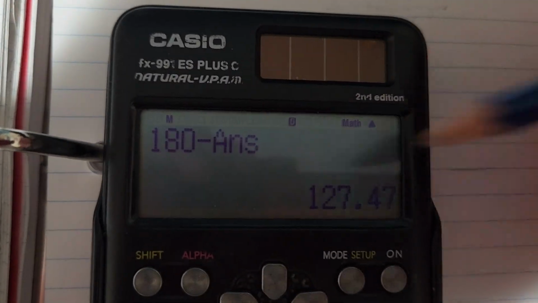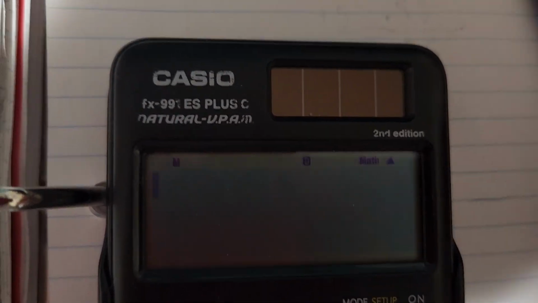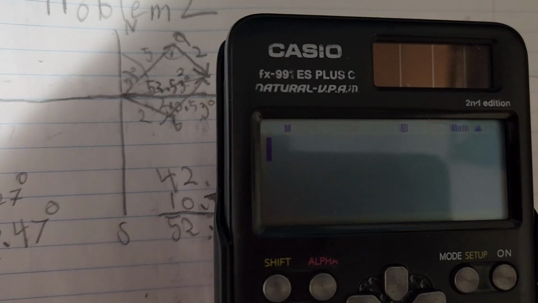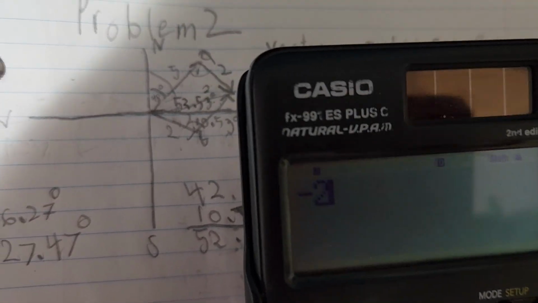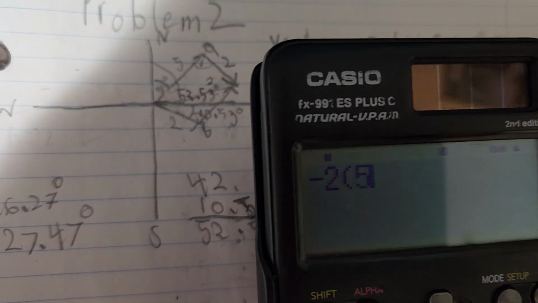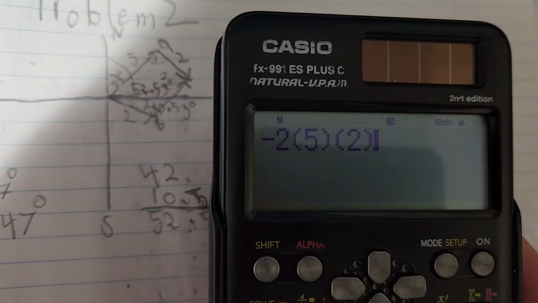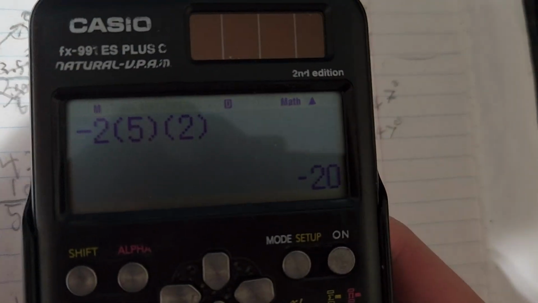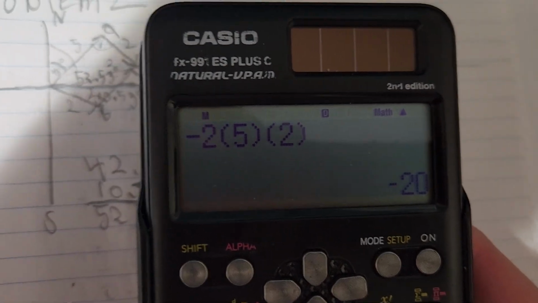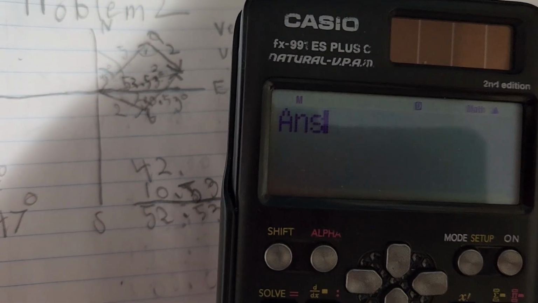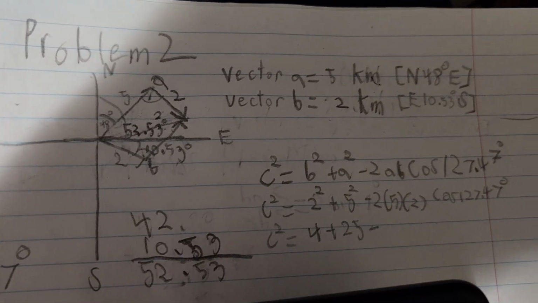Minus, I'm going to do all this chunk on my calculator, so I'll get rid of that. So we'll start off with negative 2, 5, 2 equals negative 20. Very nice. And then we're going to cos, because it equals the same thing. It's the same multiplication.